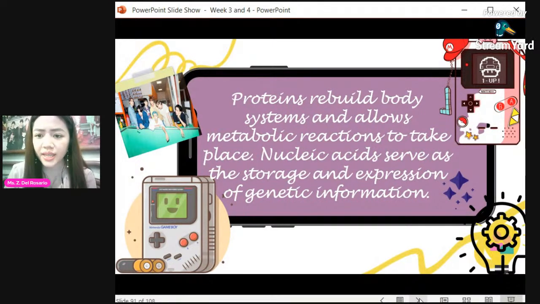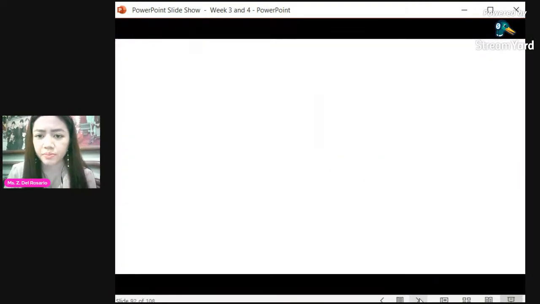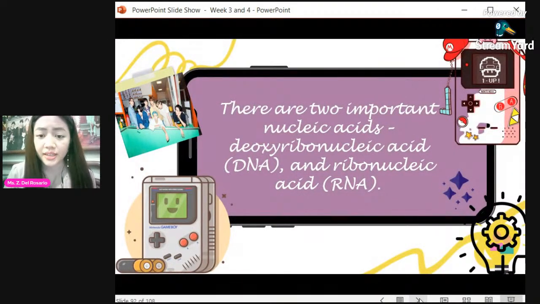Initially, the nucleic acids serve as the storage and expression of the genetic information which makes up our proteins. Nucleic acids are subdivided into two, which are DNA and RNA. DNA, which stands for deoxyribonucleic acid, and RNA, which stands for ribonucleic acid.